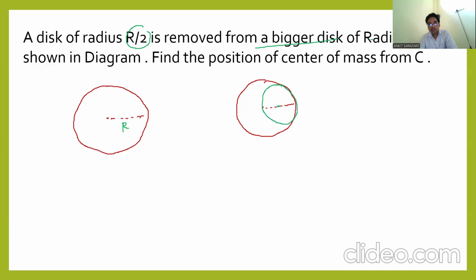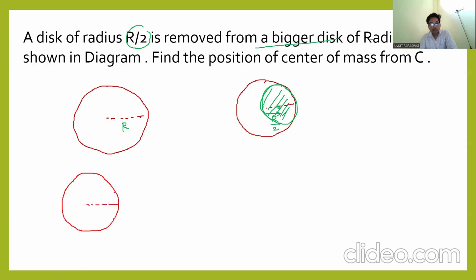Okay, sir. This is R, R by 2. Like this portion they have cut. Now what is the shape? Sir, crescent moon like. Something like crescent moon.